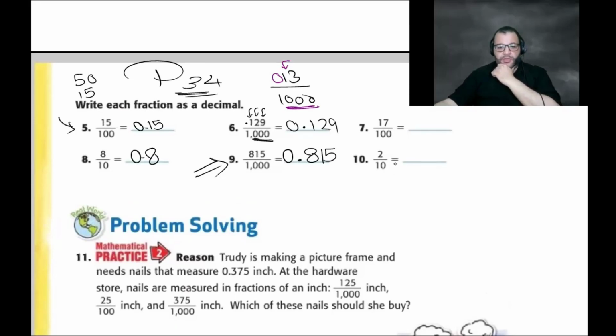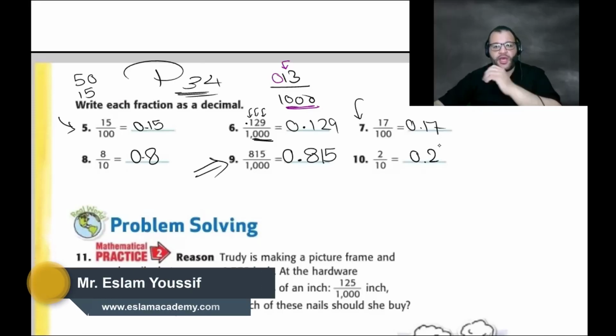So we need Muhammad Tamer to solve question number 7. 0.17. Okay. We have here also the last one. Who can solve the last one? Abdul Ghani, can you solve the last one? 0.2. Yes. Now we know how we can convert between the fraction and the decimal.